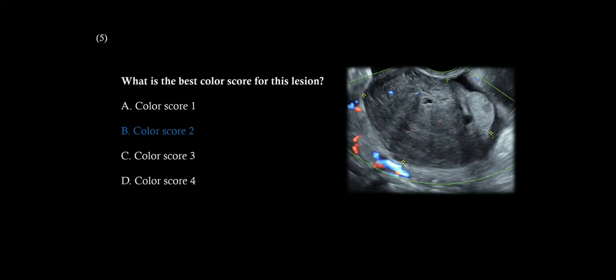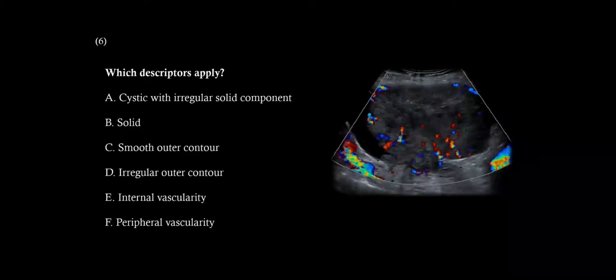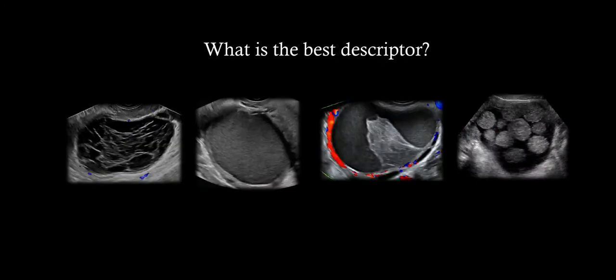It is color score 2, which is minimal vascularity. In this lesion, what would be the description that we would be using? It is a solid lesion with irregular outer contour, internal vascularity, which if we put the color scoring, it would be color score 3, which is moderate vascularity.